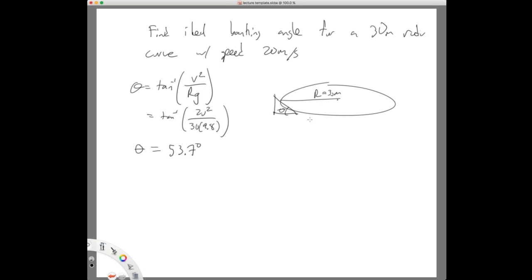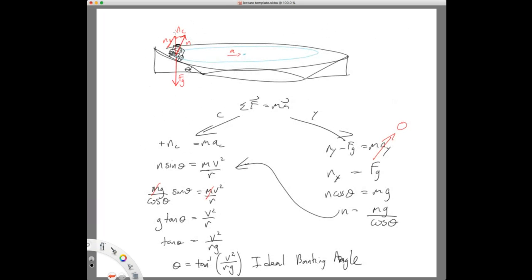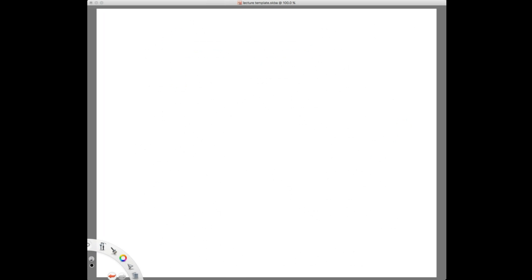Instead, of course, we really do have friction, and when we combine friction with the effect of the normal force giving us an additional centripetal force, then we are able to actually get something.